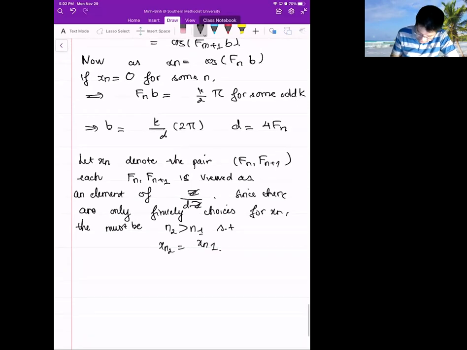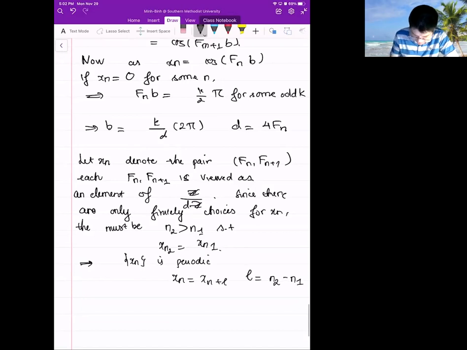Which means that the sequence xn is periodic, meaning that xn is equal to xn plus L for L equal to n2 minus n1.